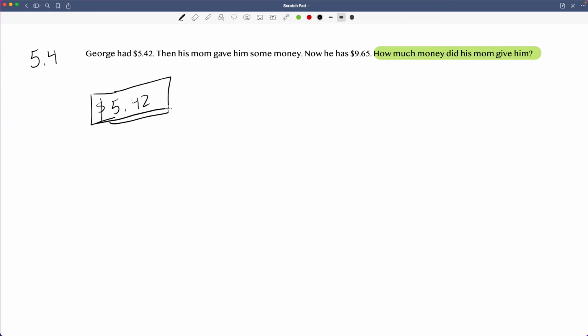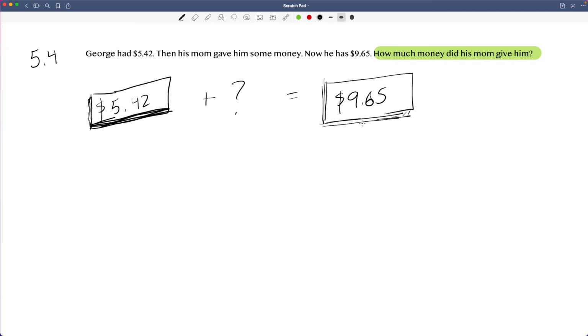That is really a bad drawing of money. Let's just pretend that's bills stacked on top of each other, for the sake of, bad artwork there. So he's got $5.42 to start with, and his mom gave him some amount of money. We don't know what that was. And now he has $9.65 in cash, right?